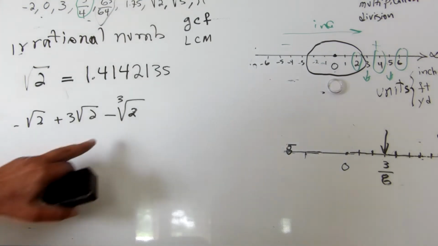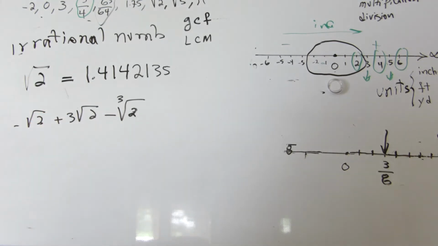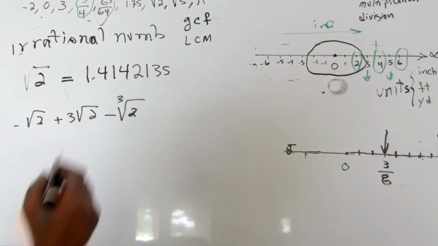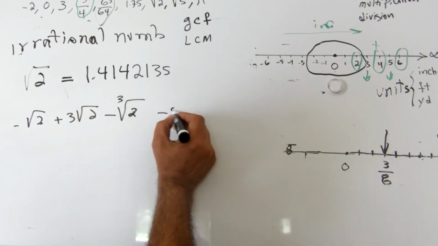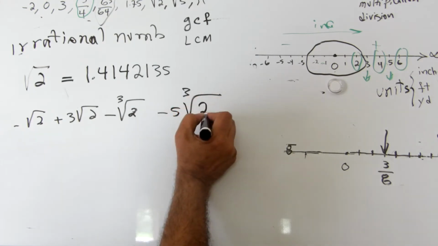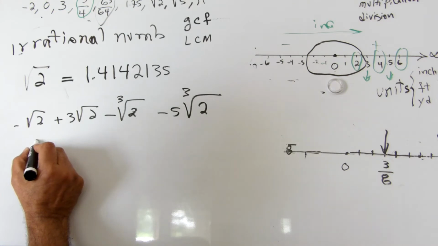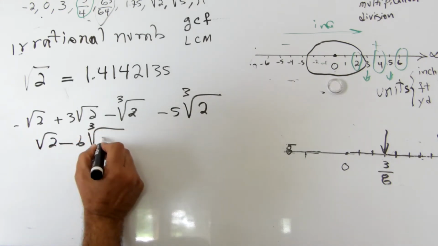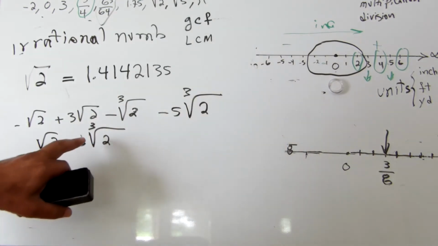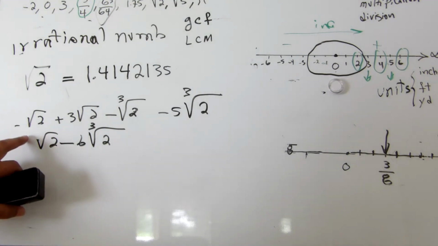You cannot add this because the index of this radical number is different from this one. We can add like minus 5 radical 3. We can add these together, but the answer is going to be radical 2 minus 6 radical 2. The index is 3. So you cannot add these together.